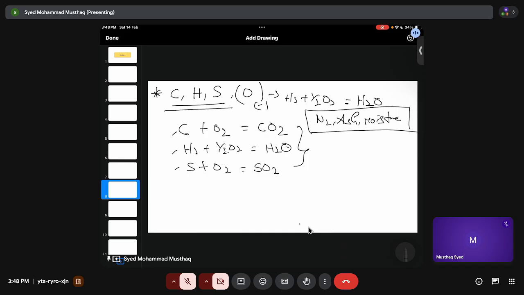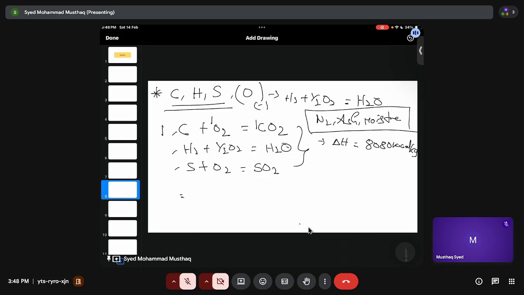Now how do we get the gross calorific value? Whenever 1 mole of carbon reacts with 1 mole of oxygen, it gives you 1 mole of carbon dioxide, and that gives the enthalpy of reaction, which equals 8080 kilocalories per kg. These are standard values, you can look them up online or in the combustion chart.